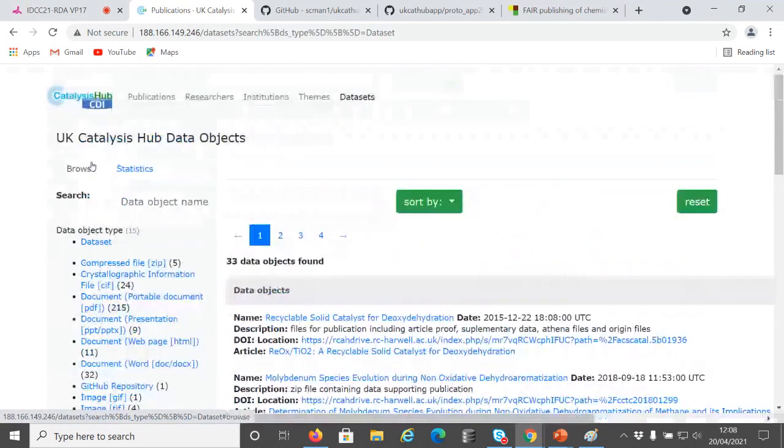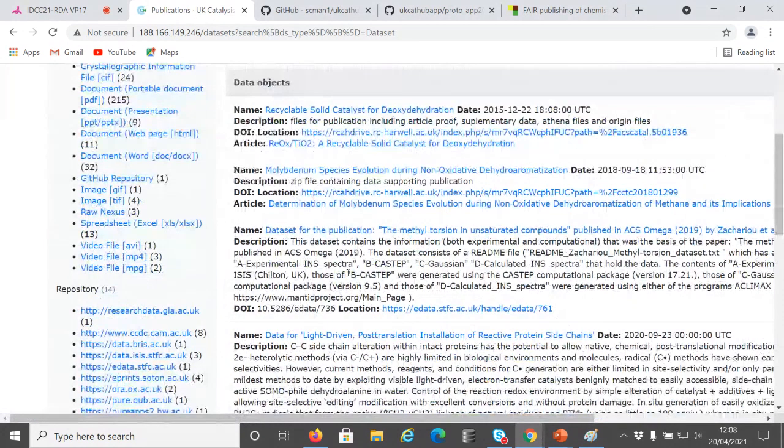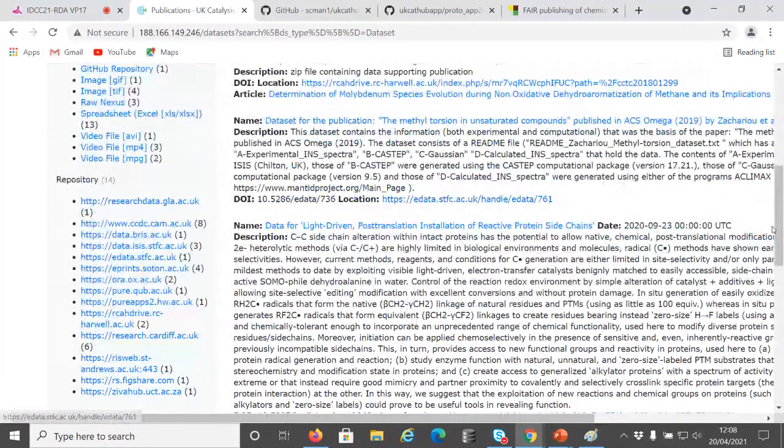So in data sets, for instance, we can also see the repositories where these data objects are deposited. So these are the different institutions, and I think this is the one, e-data or data for, yeah.